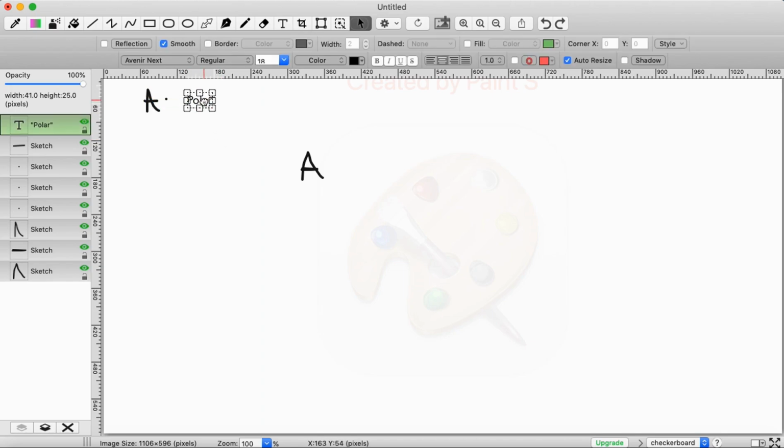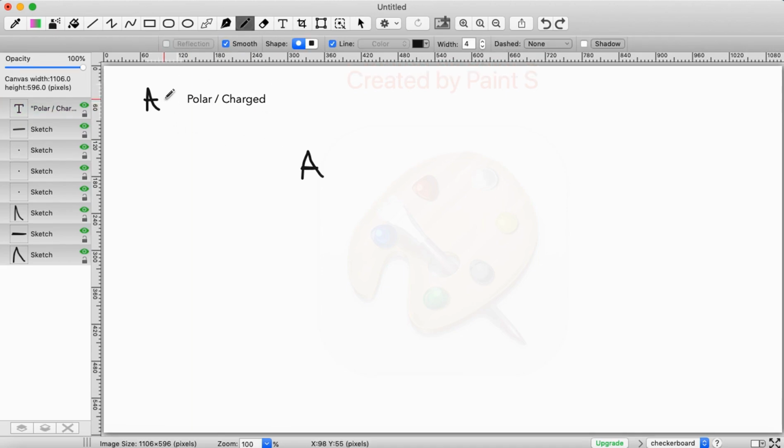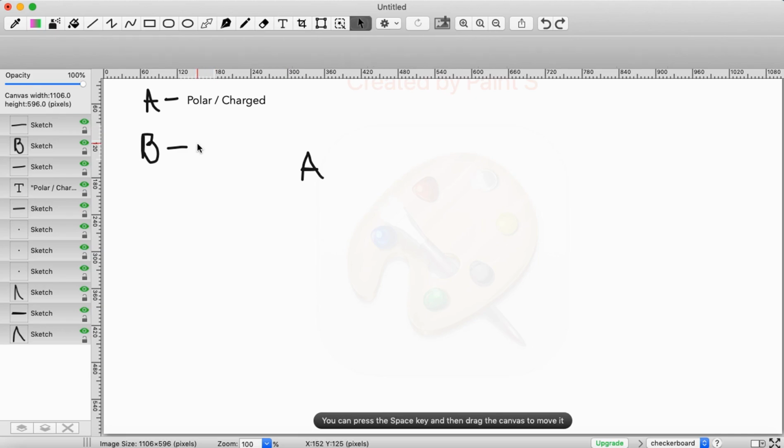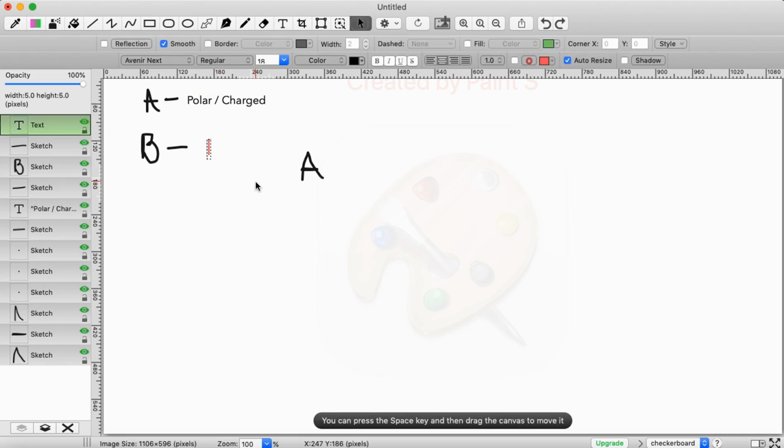So it's an end that's polar, or should I just say charged? No, not necessarily a full charge, but at least a partial charge, at least some sort of charge here, to where it's not just a neutral molecule. And then we have B, and this is going to be non-polar or neutral.